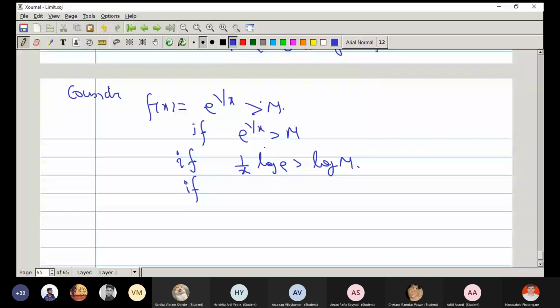If I apply log on both sides, it remains greater. How is it possible? Because log is an increasing function. Very good. So log x is an increasing function. So therefore this is true.